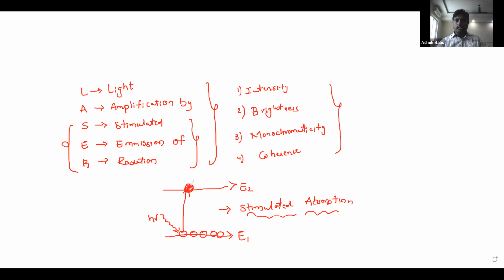But this atom does not stay permanently in the excited state. It stays only for some particular time, called the lifetime. After losing some energy, the atom automatically de-excites to the ground state energy level. The absorption process is only an upward transition.